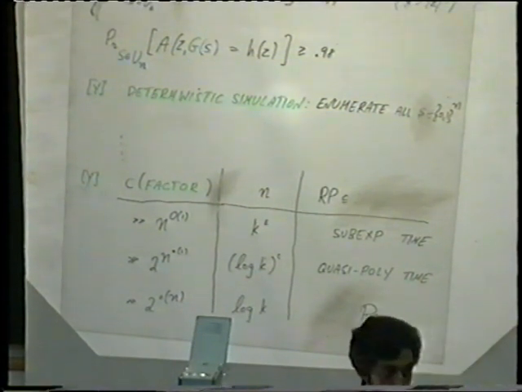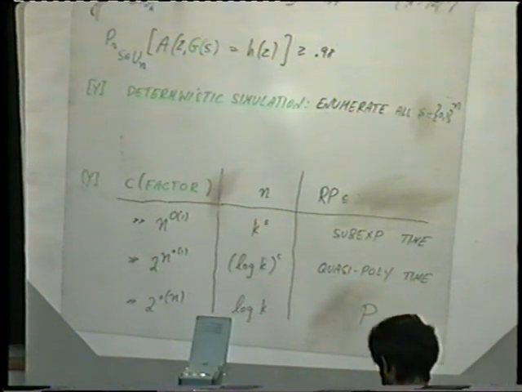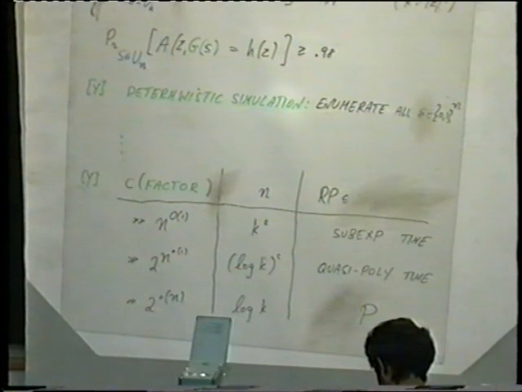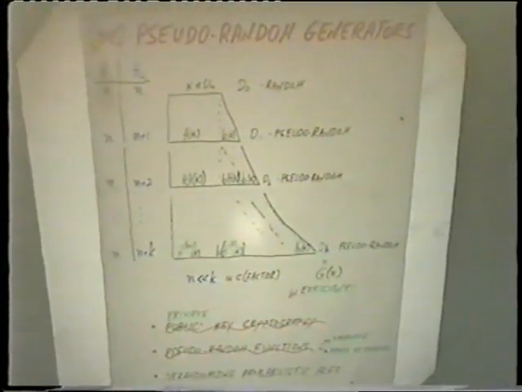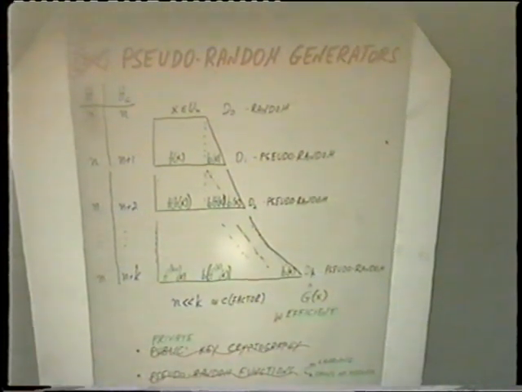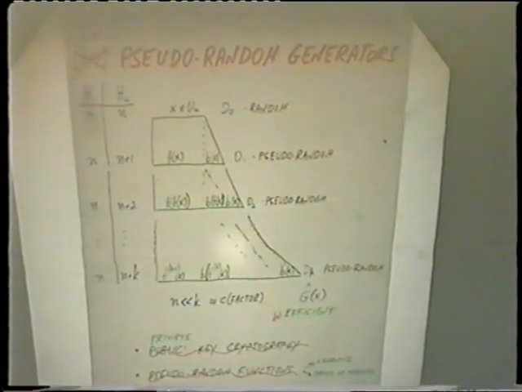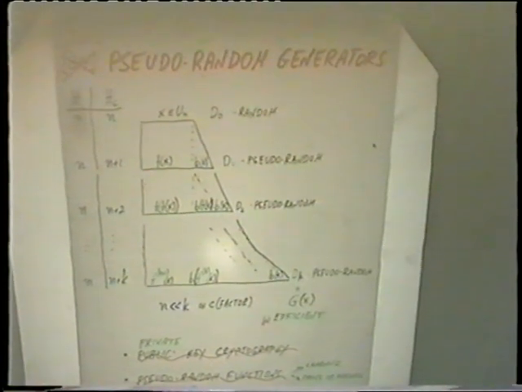There are other generators that Nisan and I constructed that in many cases are totally uninteresting because they give you an increase in entropy, but you do it in an unreasonable amount of time. This algorithm G becomes inefficient, and the applications, for example, to cryptography and to pseudo-random functions disappear.